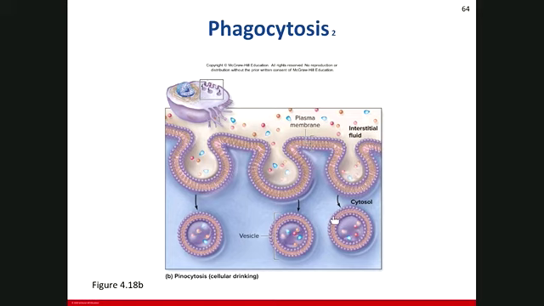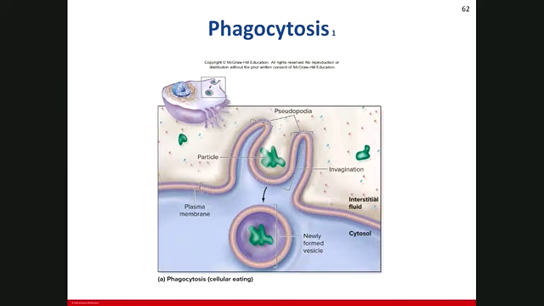And the other type of endocytosis is called phagocytosis, when our cell wants to eat something. As you see here, this is a particle, and most of the time phagocytosis takes place when our white blood cells want to engulf pathogens and destroy them.